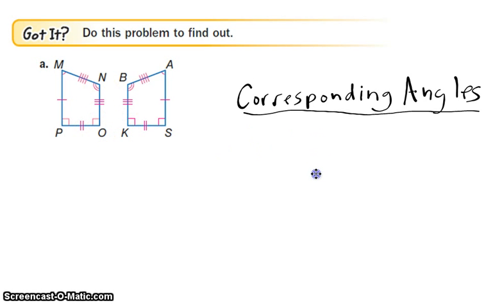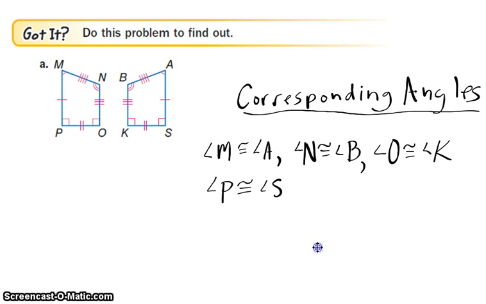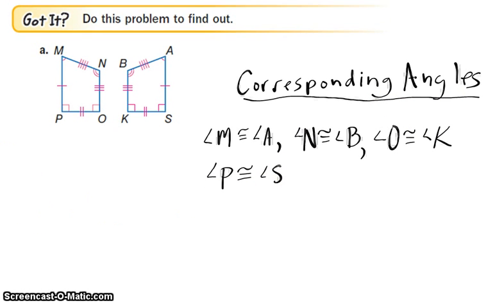So here should be your congruent statements for your corresponding angles. Angle M and angle A, angle N and angle B, angle O and angle K, angle P and angle S, okay?